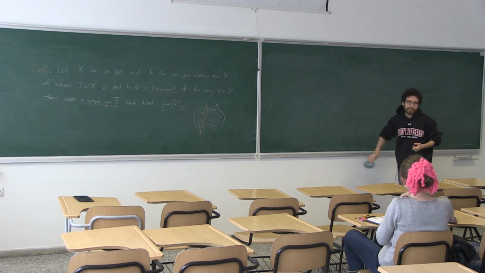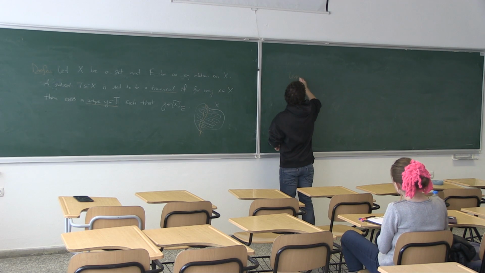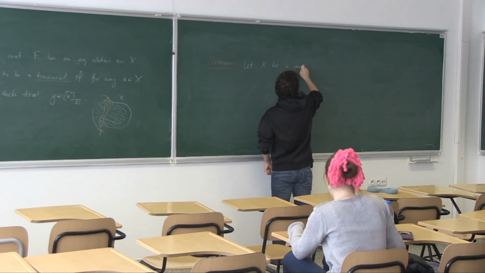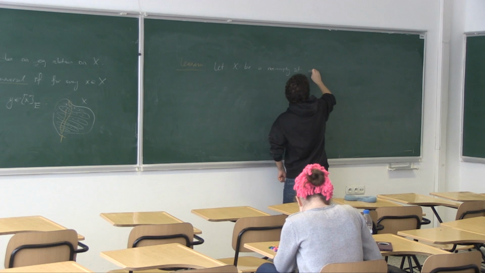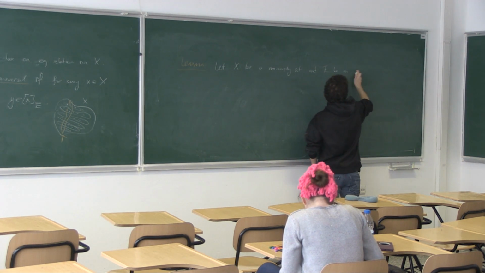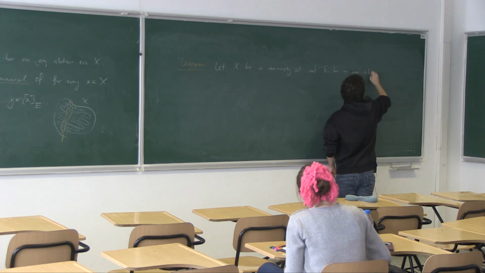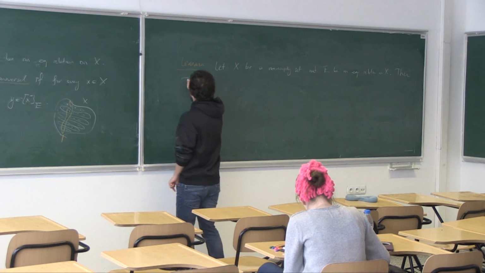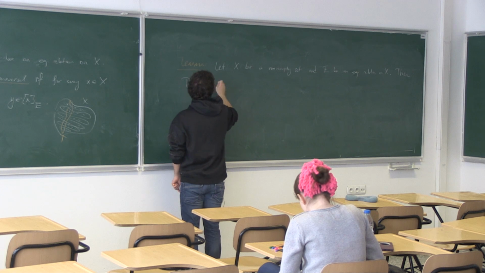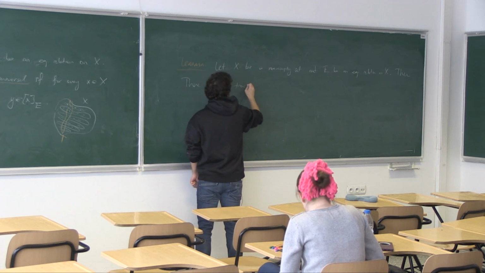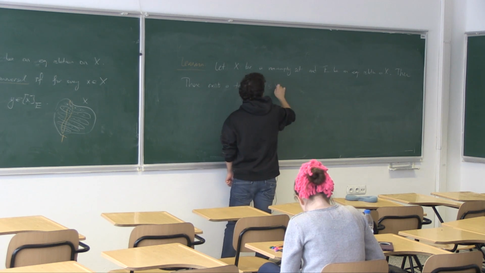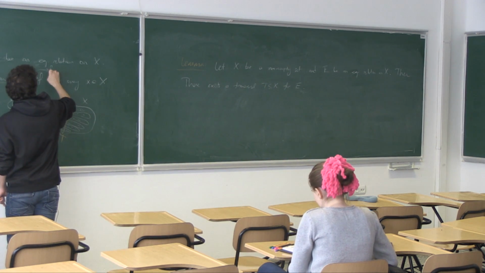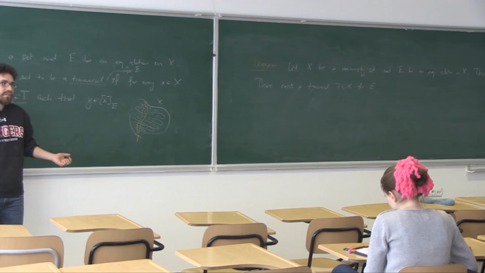So, do transversals exist? Lemma, let X be a non-empty set and E be an equivalence relation on X. Then there exists a transversal T for E. Maybe I should say that T is said to be a transversal for E because it depends on the equivalence relation, right?